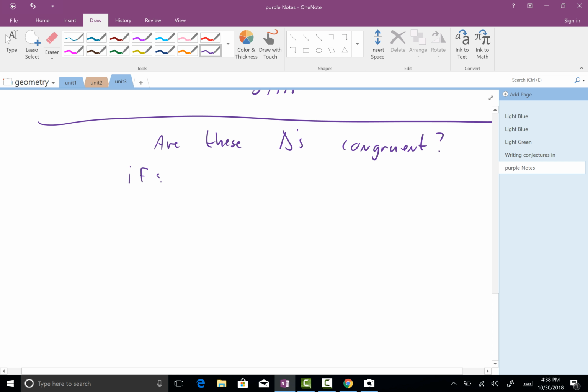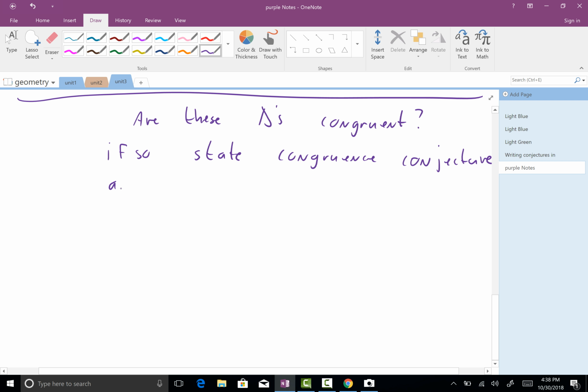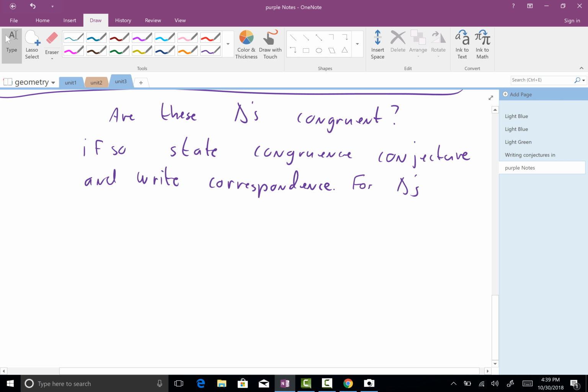If so, state the congruence conjecture and write the correspondence for the triangles. All right, so this is what we're going to have.